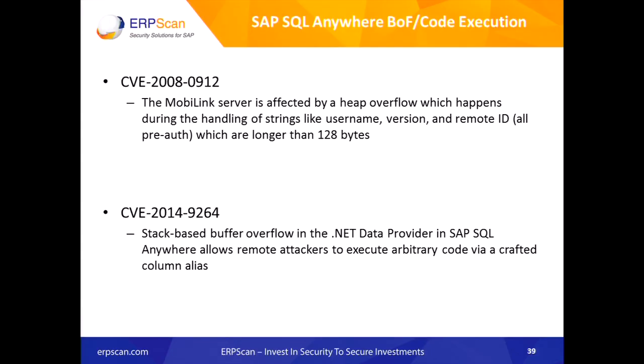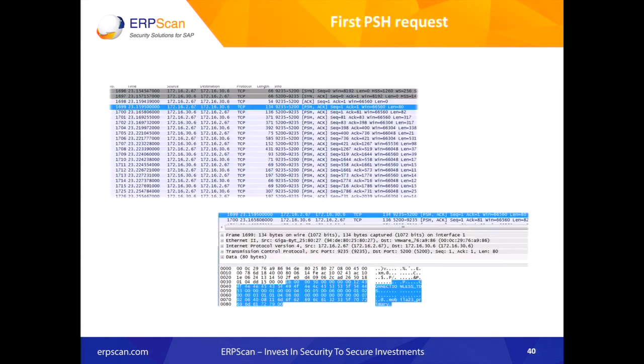These vulnerabilities were also related to buffer overflow, BOF. We started our research by taking the client part of SQL Anywhere and a server part, and we tried to create a client-server connection between them.